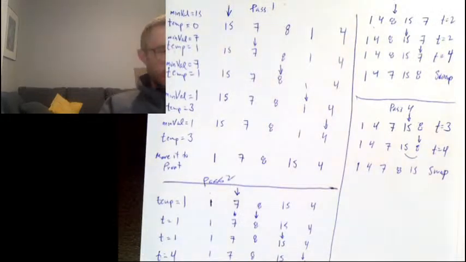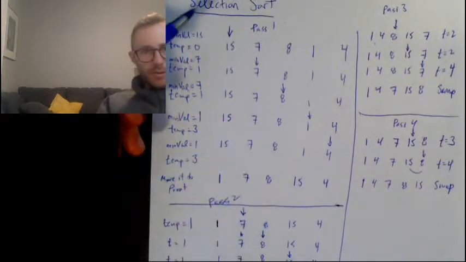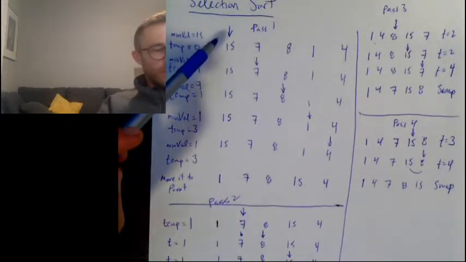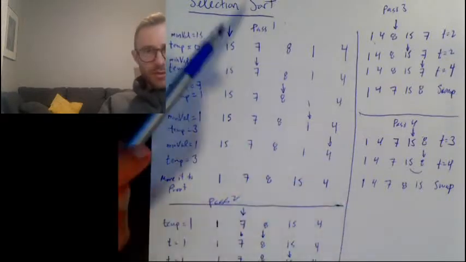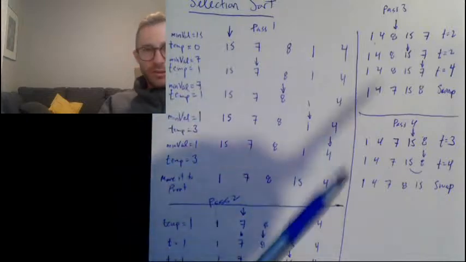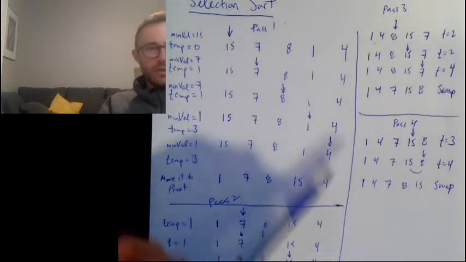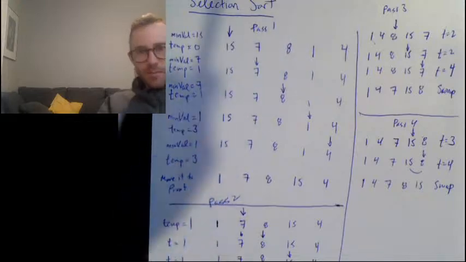Okay, so this sorting method has basically 2 phases. You pass through the array and find the smallest one. Once you get to the end, you take the smallest one you found and you move it to the front. Okay? And you keep doing that.